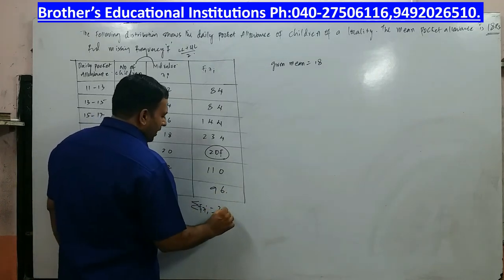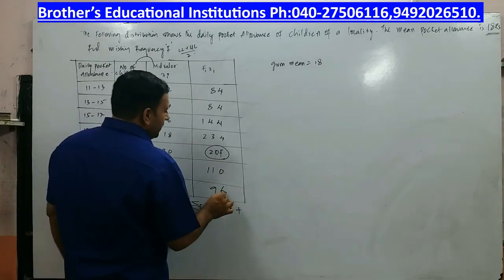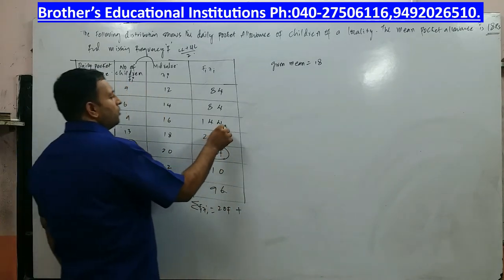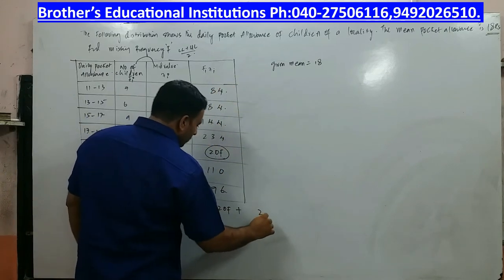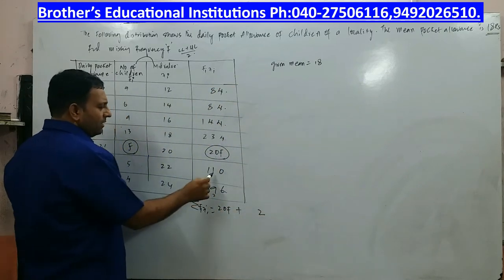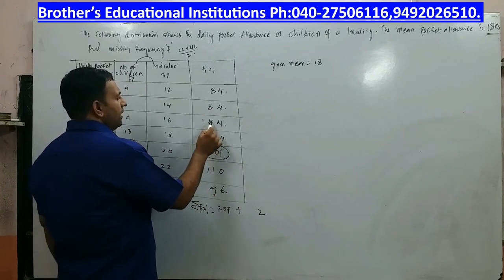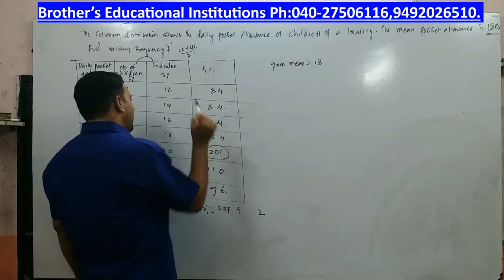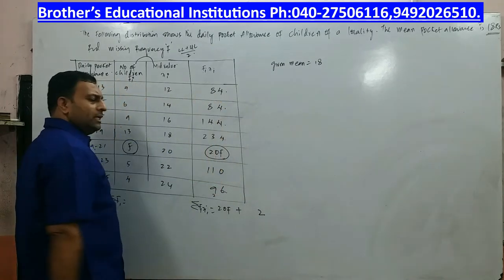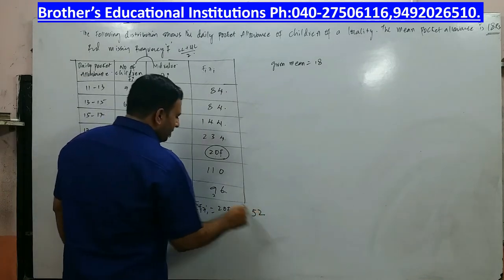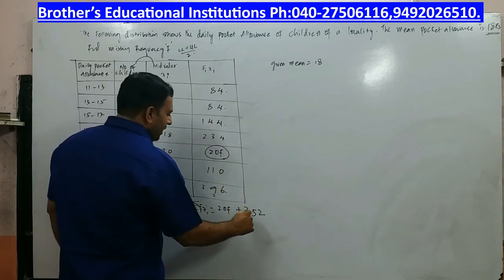I cannot add 20f, so first I write 20f plus the rest of the quantities, which I will add. It comes to 752.